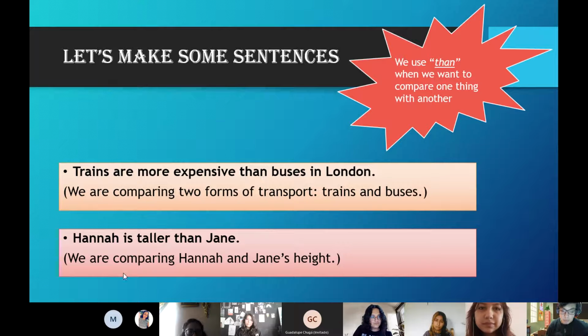Can you read this part? Part in brackets. ¿Podría leer la parte que está entre paréntesis? We are comparing Hannah and Jane's height. Yes, we're comparing their height.